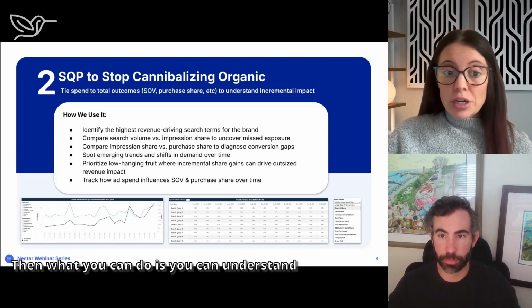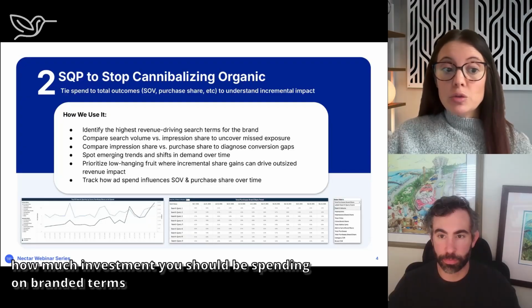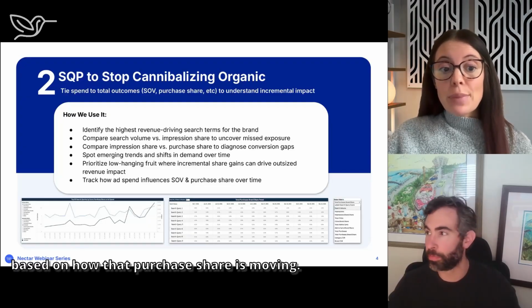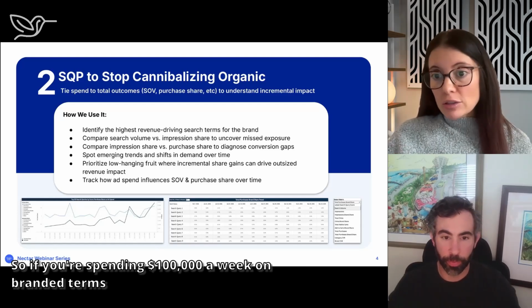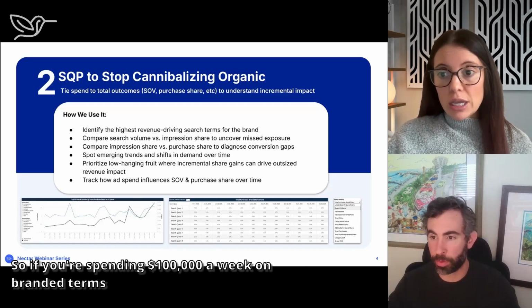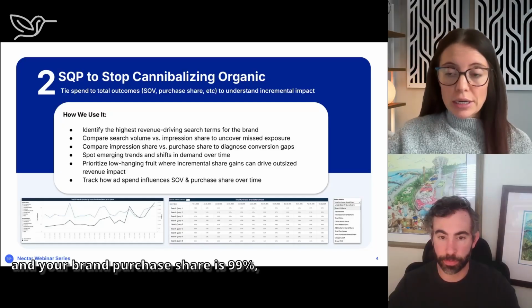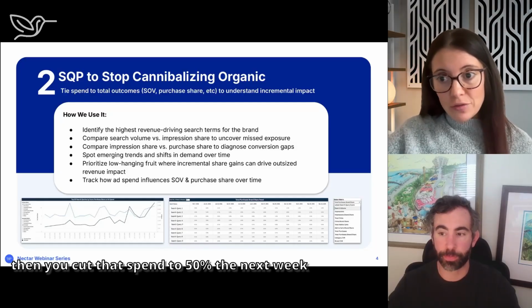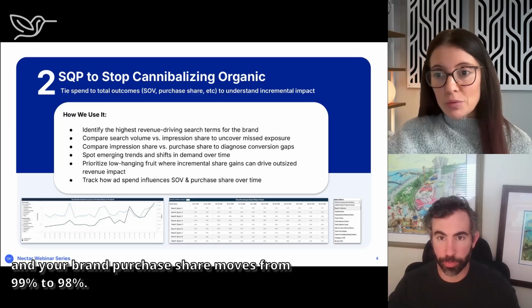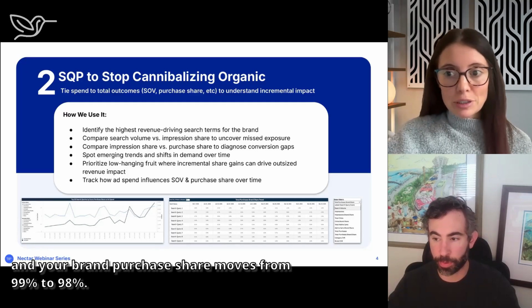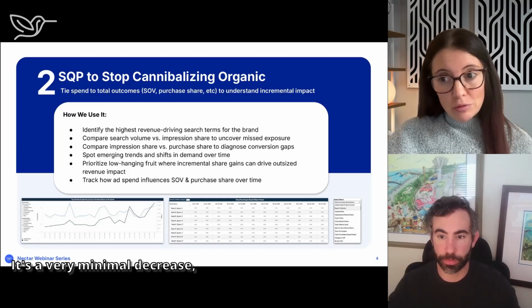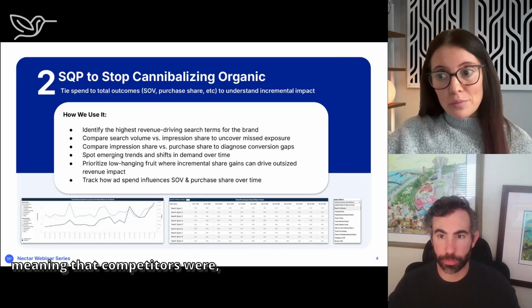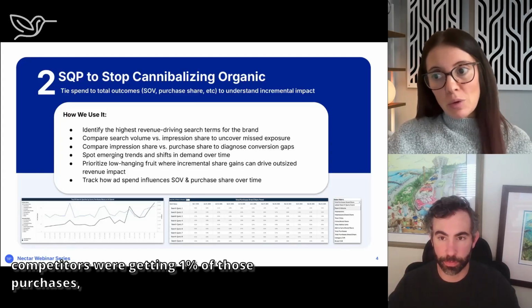Then you can understand how much investment you should be spending on branded terms based on how that purchase share is moving. So if you're spending $100,000 a week on branded terms and your brand purchase share is 99%, and then you cut that spend to 50 the next week and your brand purchase share moves from 99% to 98%, it's a very minimal decrease, meaning that when people were typing in your brand, competitors were getting 1% of those purchases.